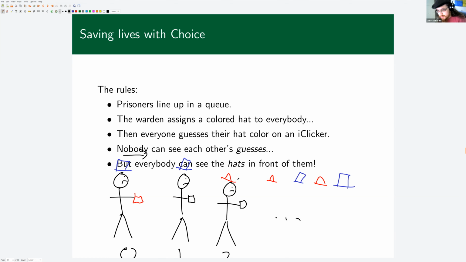He can see that prisoner 2 has a red hat. He can see that prisoner 24601 has a blue hat, and so on. Prisoner 2 can't see that 0 or 1 have blue hats or that he has a red hat, but he can see everyone in front of him, and so on. These prisoners have very good eyesight. They can see infinitely far in front of them.